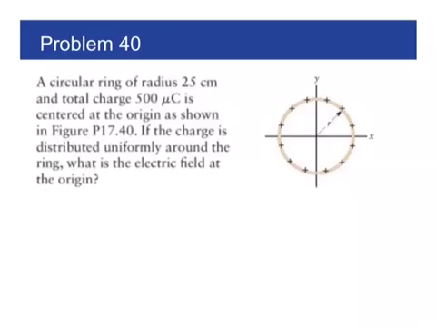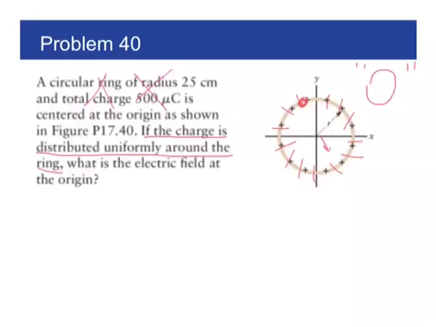The key to this problem is that the charge is distributed uniformly around the ring. And you don't really need this information. This is just extra. What's happening here? The answer is very, very simple. It's 0. Why is it 0? If we divide this ring into small charges, it becomes a very symmetrical problem. Look at this charge over here. Electric field created by this charge at the center is going this way.